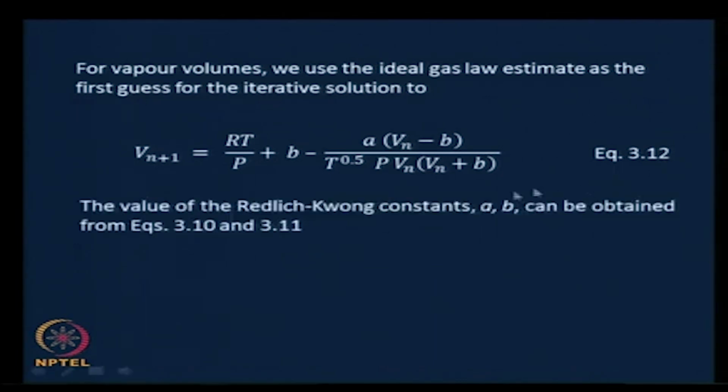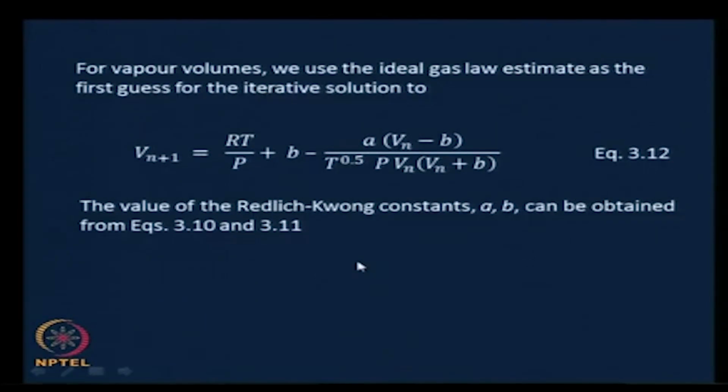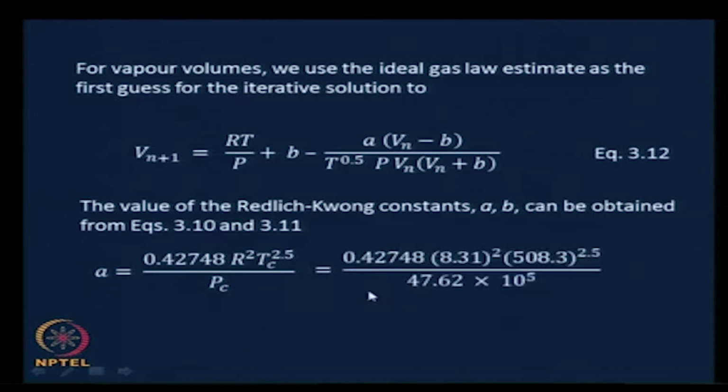The values of the Redlich-Kwong equation constants A and B can be obtained from equations 3.10 and 3.11 in module 3. We have already done this as part of an earlier solution in module 3. I would like you to go back and revisit that if you have forgotten, to get back into the frame of mind for solving this problem. A was 0.42748 R squared Tc to the power 2.5 by Pc.